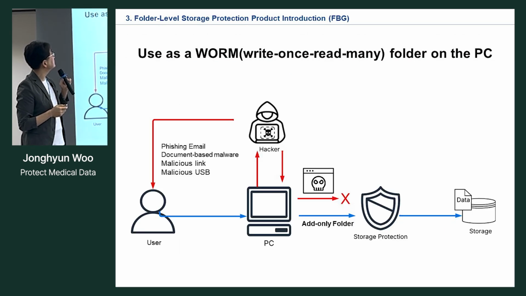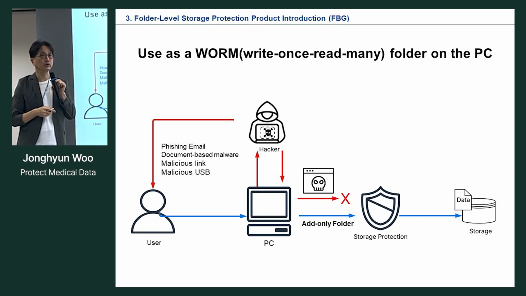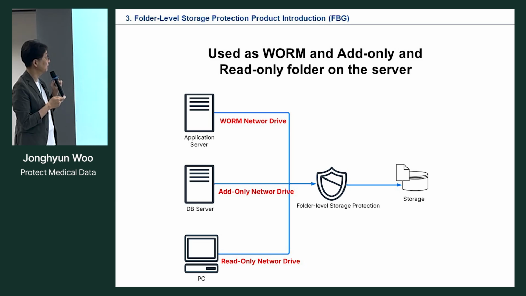Sometimes we name it a hybrid WORM server, hybrid WORM storage, because it is switchable, whereas typical WORM storage was extremely expensive and not switchable. But here it's folder by folder. We can set the WORM mode, the add-only mode, or the list-only mode. We can protect our data by setting that policy.